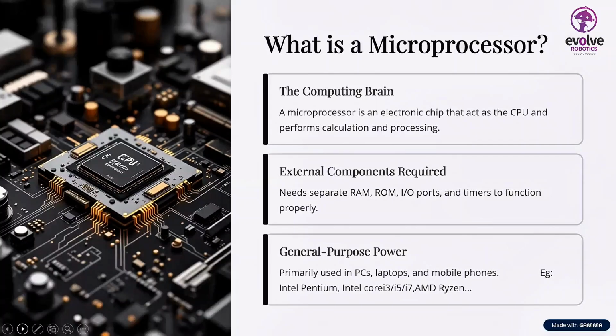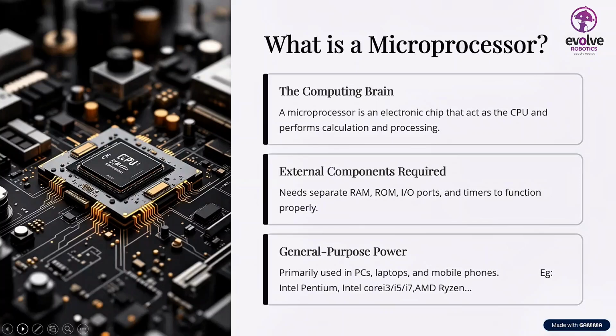Microprocessor is an electronic chip that acts as a CPU and performs calculation and processing. It requires some external components for its proper functionality.